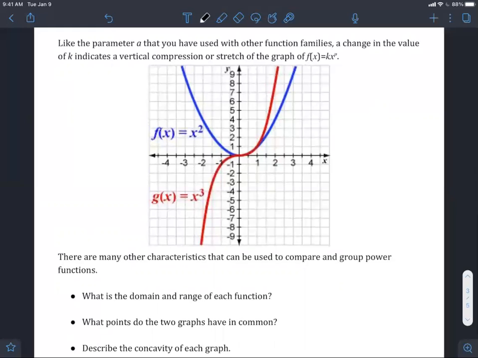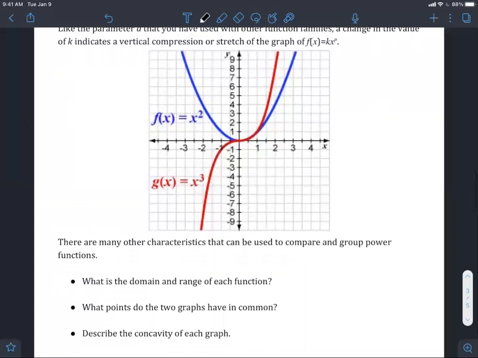So we're going to look really quickly at our x squared versus our x cubed graph. I don't want to spend a ton of time on this one because this is basically what we talked about for most of topic 1, the higher degree functions. But let's just quickly review some of our properties and understand our behavior. For our x squared graph, our domain is all real numbers.